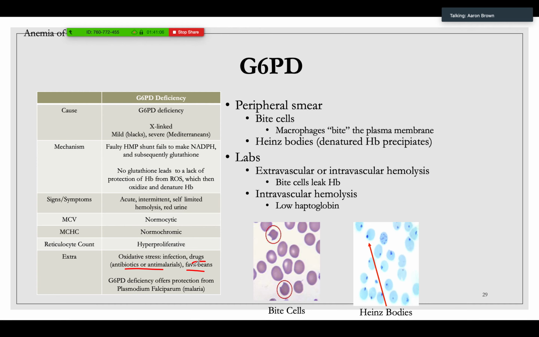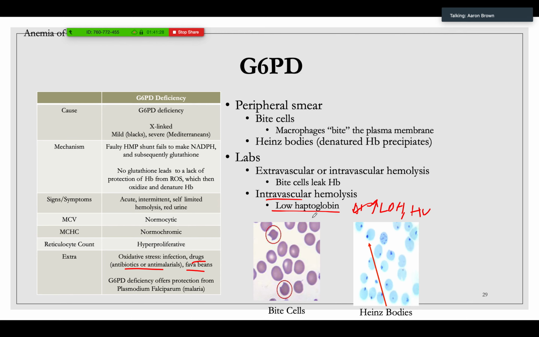Your patient started a new medication, now all of a sudden they're anemic. What happened? You look at their blood and you see low haptoglobin as well as an increase in LDH. You're going to see hemoglobinuria. I'm just writing HU for hemoglobinuria. And so these are the things you're going to see because it's intravascular.